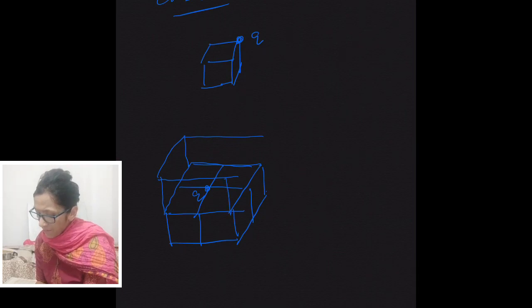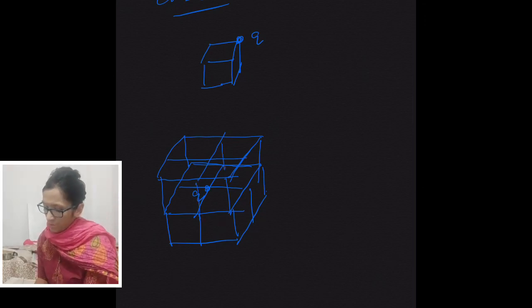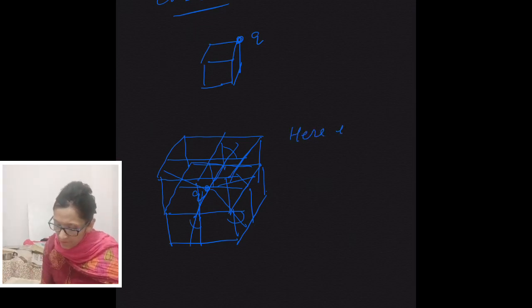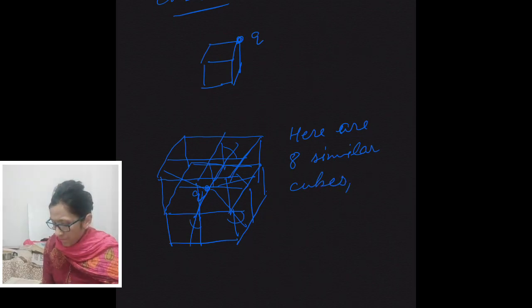Now you can imagine that field lines are going in all the directions, and there are 8 similar cubes arranged all along, similarly placed.